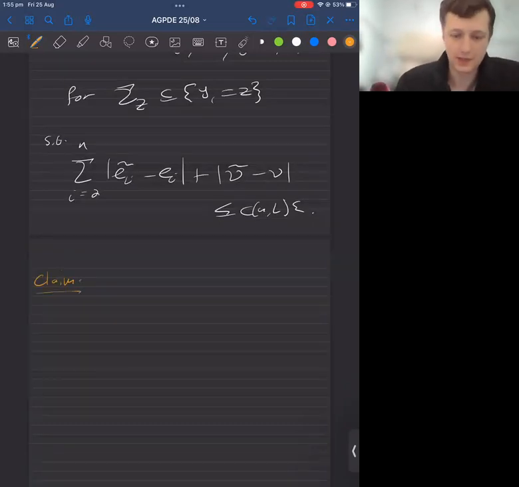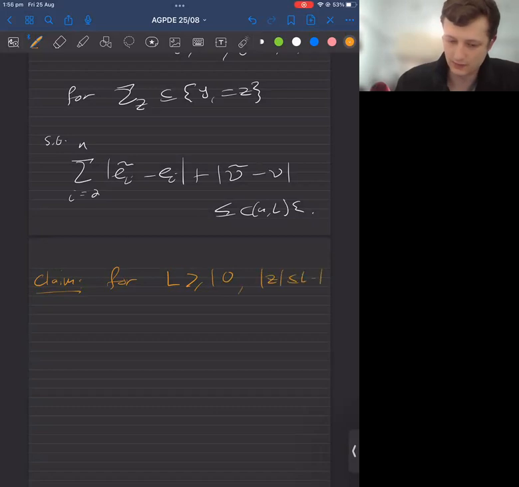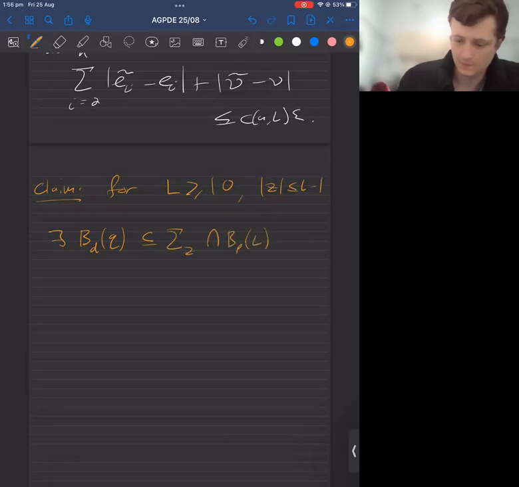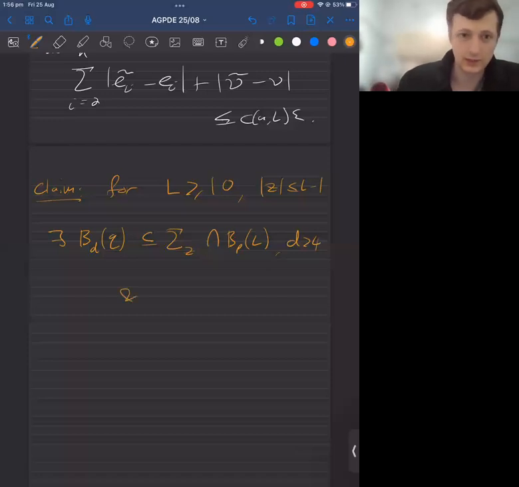So now, this is where we use our assumption L greater than or equal to 10, and we want to take Z less than L minus 1. I claim that there actually does exist a ball inside my hypersurface with radius bigger than 4, and this intersection is also C epsilon K spherical.